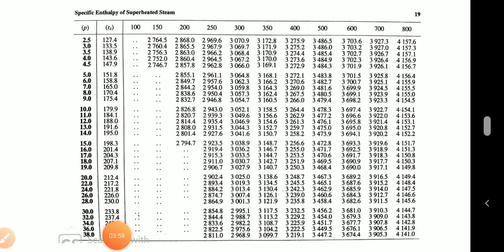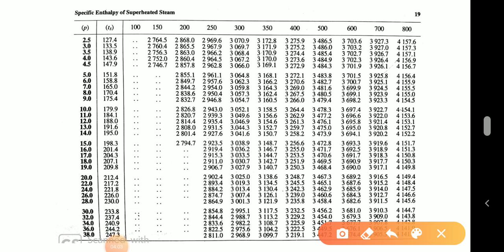This is the specific enthalpy of the superheated steam table. At 20 bar, we have to see the value for 360 degrees Celsius, but in the table only 350 and 400 degrees Celsius are there. So we have to get the value at 360 degrees Celsius by the interpolation method.